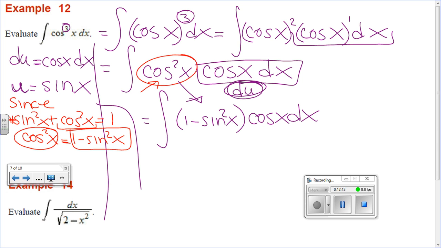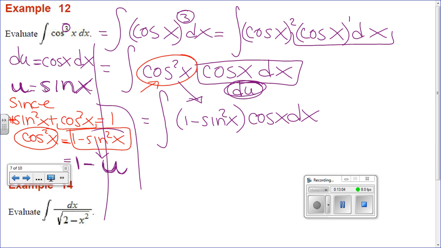Okay, now since we are referring to u as sine x, if I look at this expression in terms of u, it will be 1 minus, and be careful here, so sine x is equal to u.